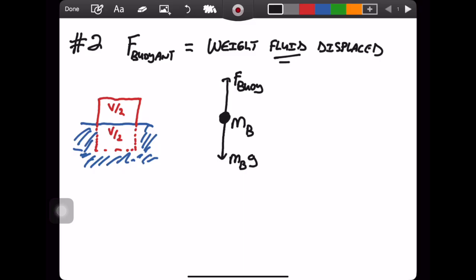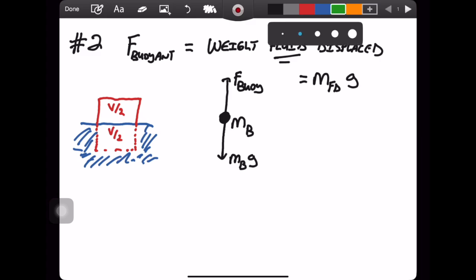Another way in which we can think of the weight of the fluid displaced is as the mass of the fluid displaced times gravity. There's another important concept here, which is density.